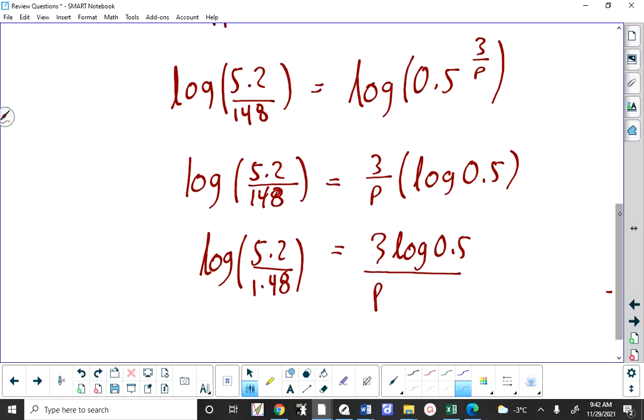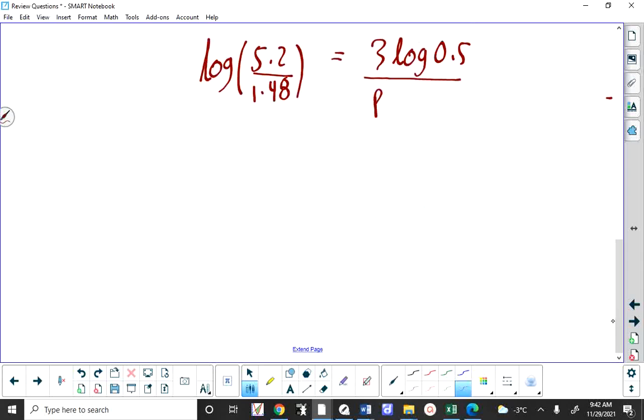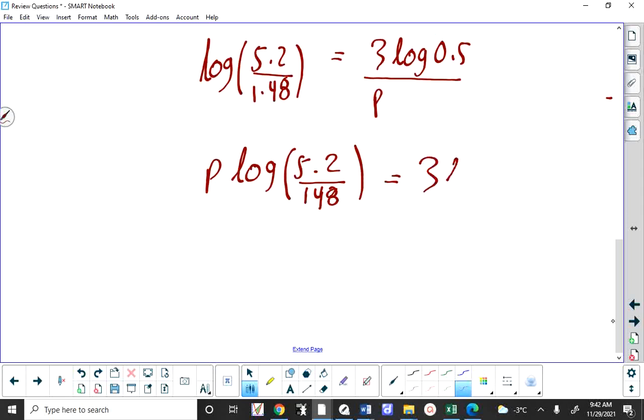So when you cross-multiply or multiply both sides by p, however you want to think of it, you have p log of 5.2 over 148 equals 3 log 0.5. And that means that you have to take 3 log 0.5 and divide by log of that number.